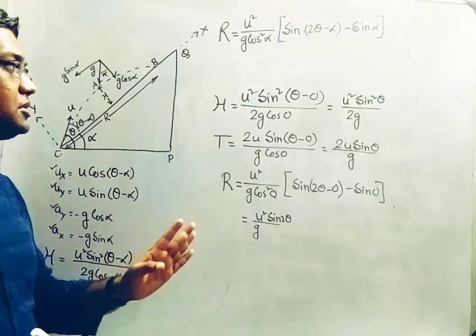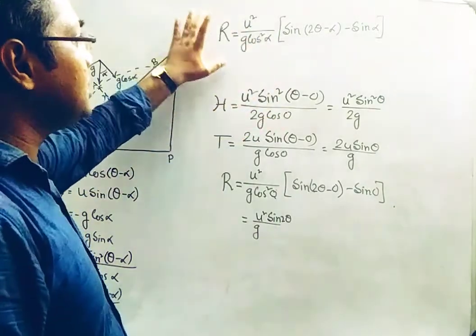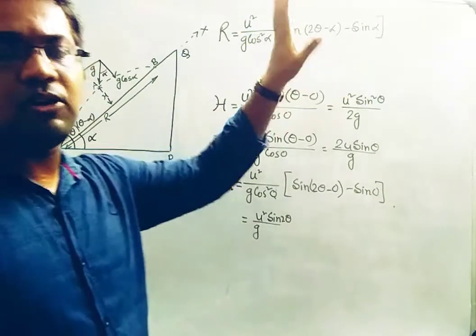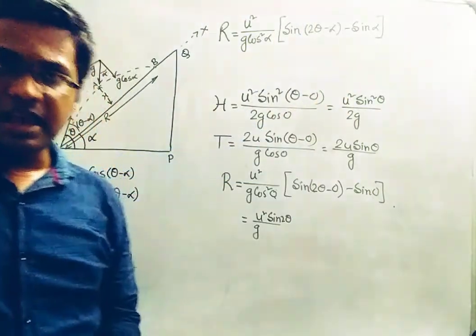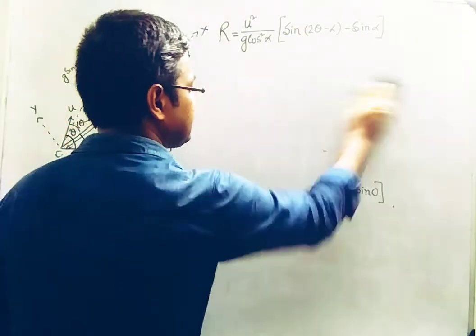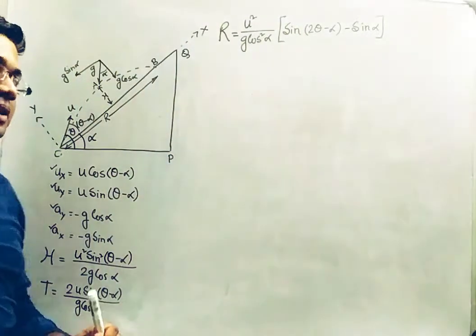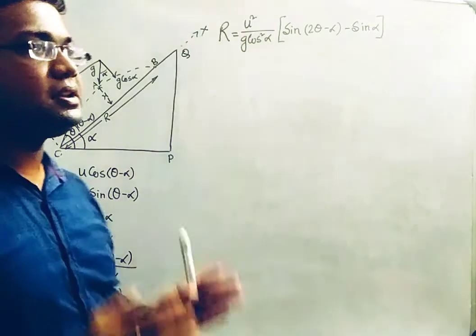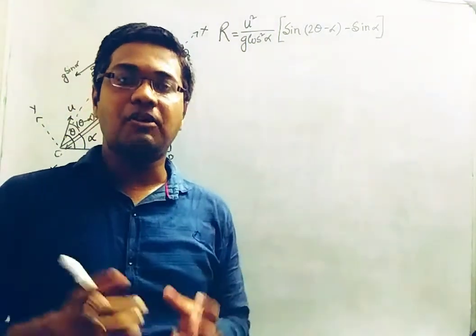But I have to tell you that for the expression of the range, there is also another procedure. And what is the procedure? When we are trying to avoid the mathematical calculations, then we have to use the concepts.